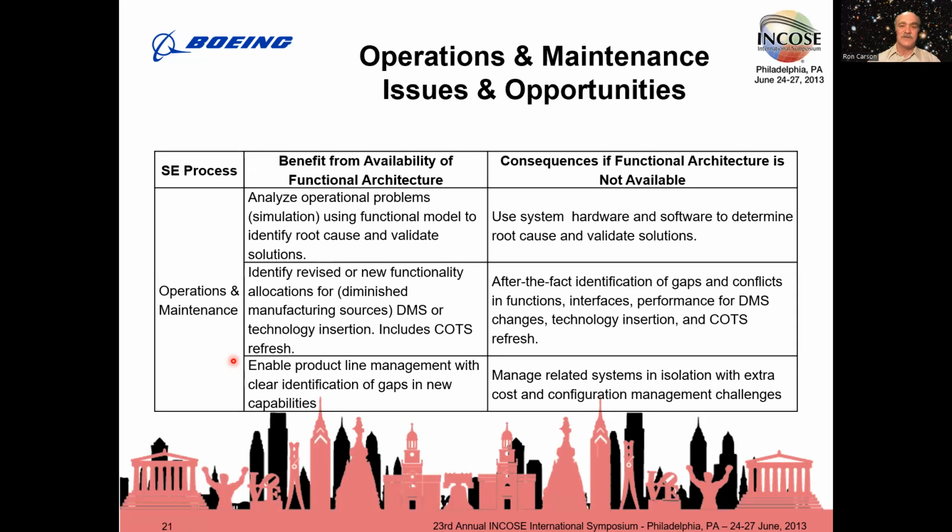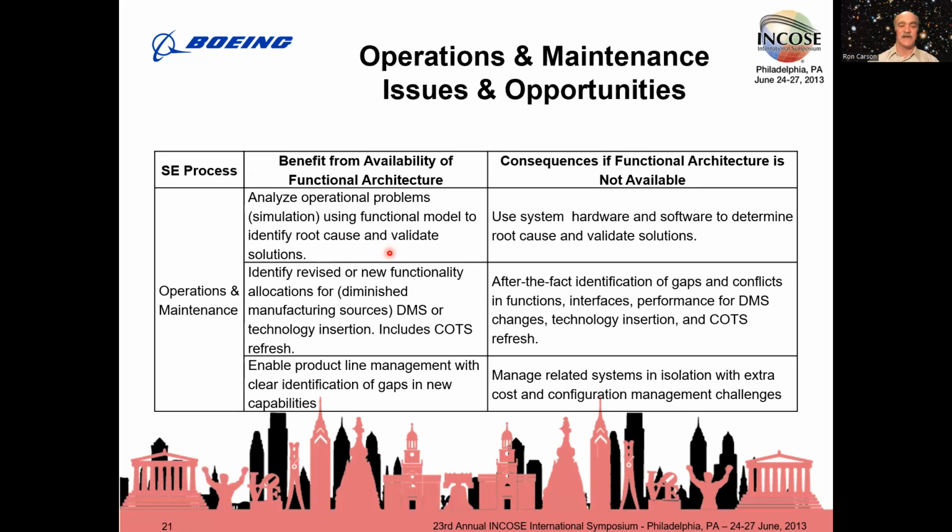Additional issues and opportunities during O&M: we can analyze operational problems by simulation using the functional model, rather than just having to exercise system hardware. And maybe you call this a digital twin, to use some more modern language.